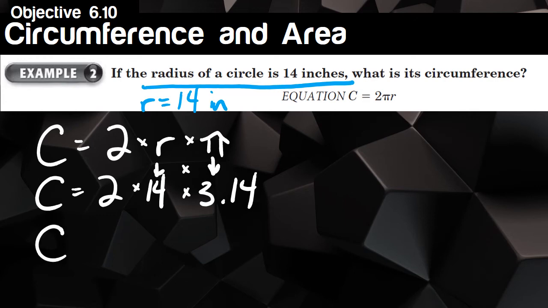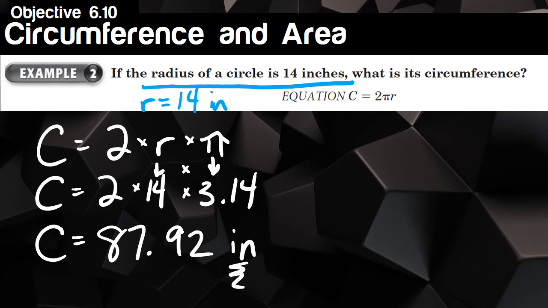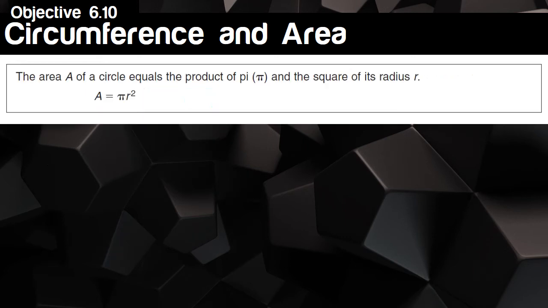In our calculator, that gives us a circumference of 87.92, and we add our label, inches.